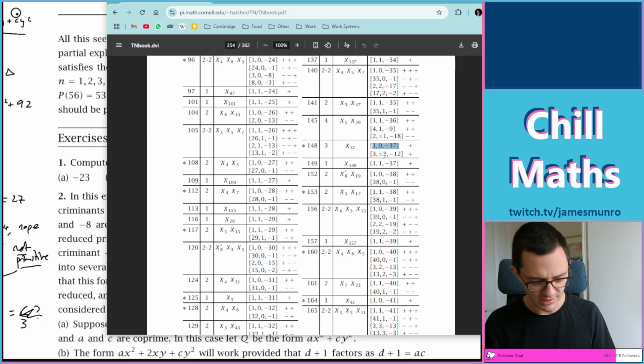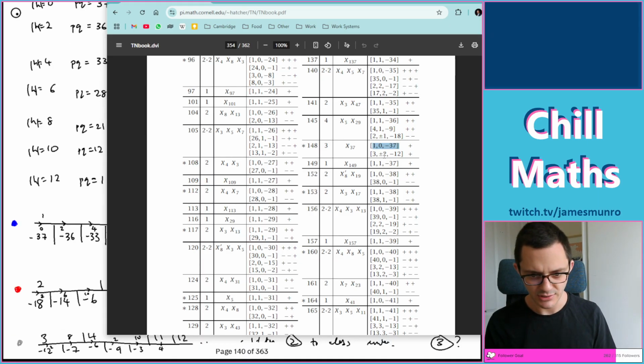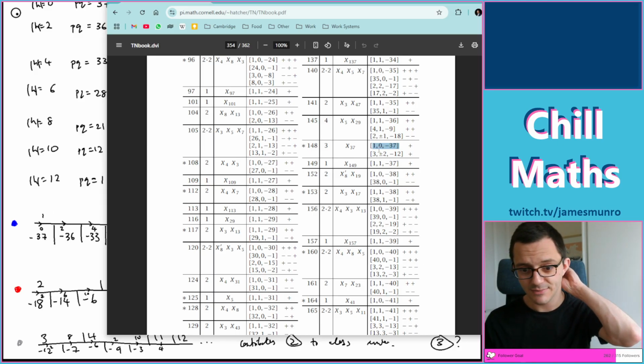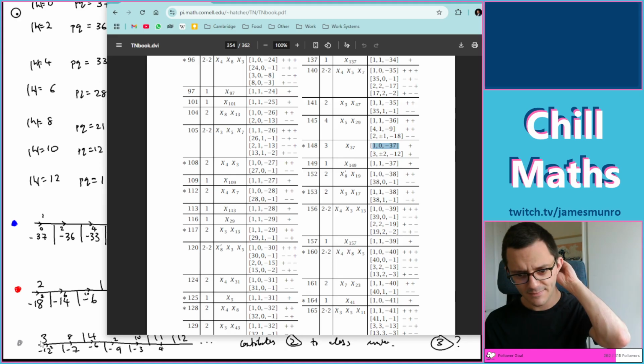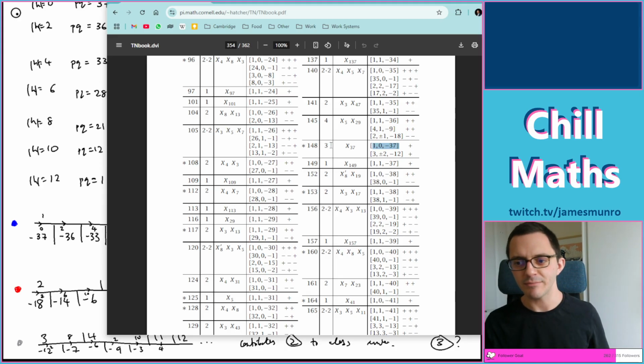10 -37. 10 -37 is my blue one. That's good. And then they've picked for this one 3 ± 2 -12. That's the two sorts of my grey curve. The plus or minus sign, meaning whether you're going left or right on the H thing. So 3. Brilliant.